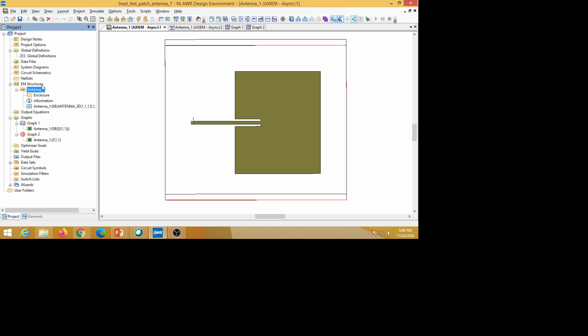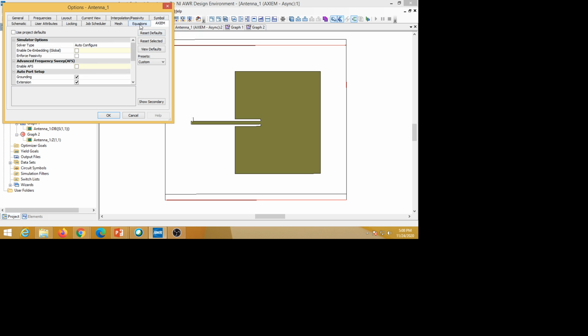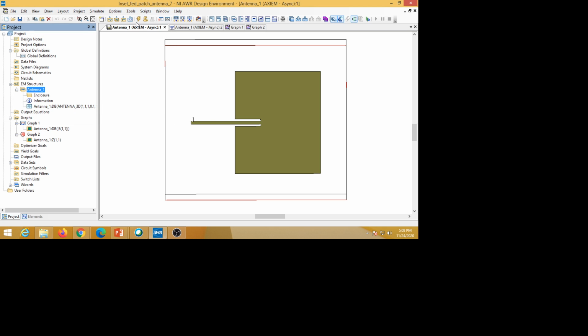In the axim AFS, both this one and this one should be unchecked, that is enable de-embedding and enable AFS must be unchecked. But for current distribution, this should be checked. Okay, now again you simulate it.